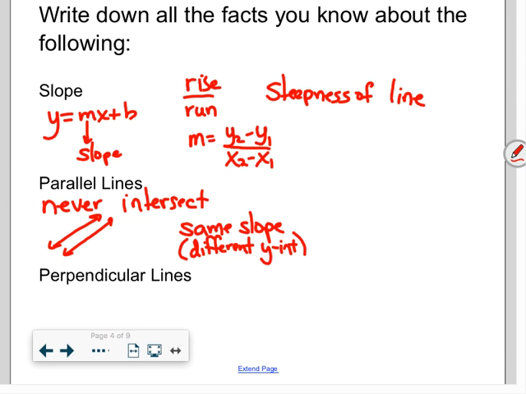All right, what do you know about perpendicular lines? Cross. How do they cross? They do cross, but they cross in a specific way. Yeah, Sophia? Good job. Okay, they intersect at right angles or 90 degrees. They intersect to form right angles, and the slopes are what we call opposite reciprocals.